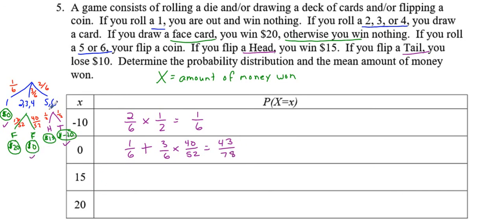Probability of winning $15 is this branch, so you'd have to roll a 5 or a 6, which is 2 over 6, and get a head, which is 1/2. So that works out to 1 over 6.